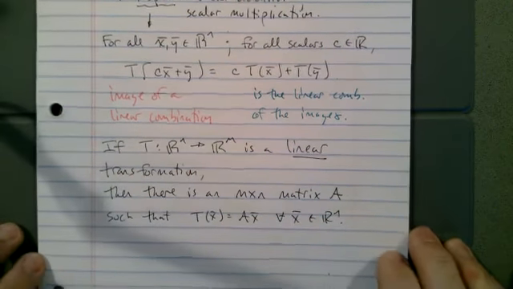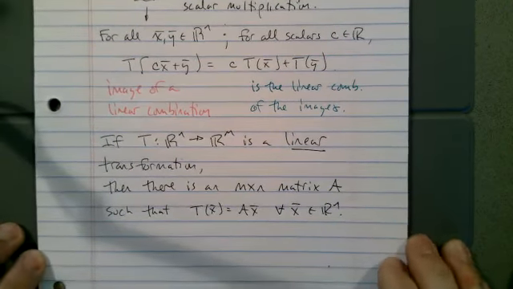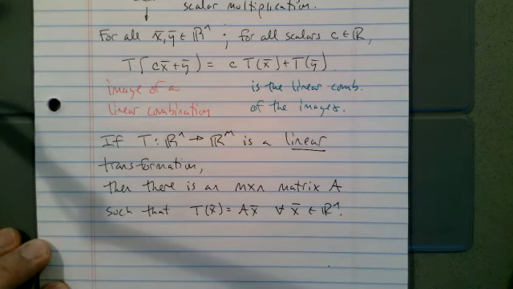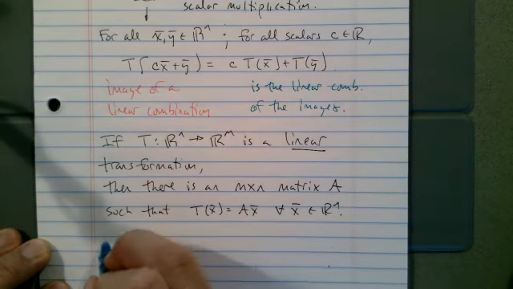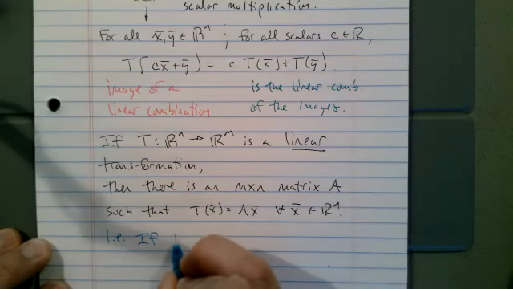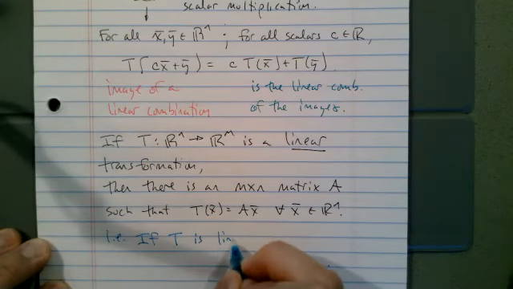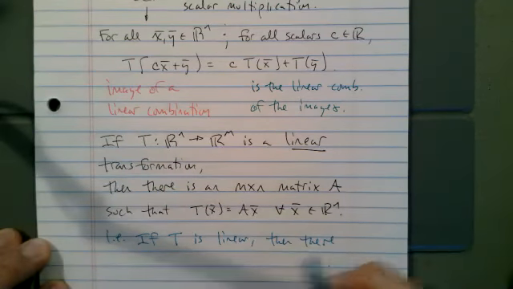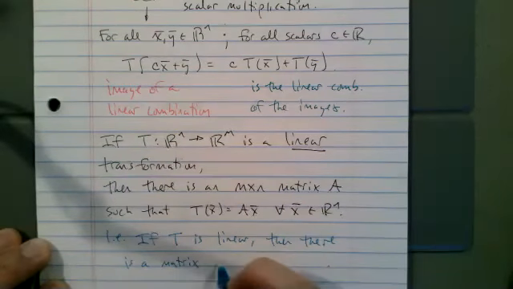That is, if T is linear, then there is a matrix that implements the map.